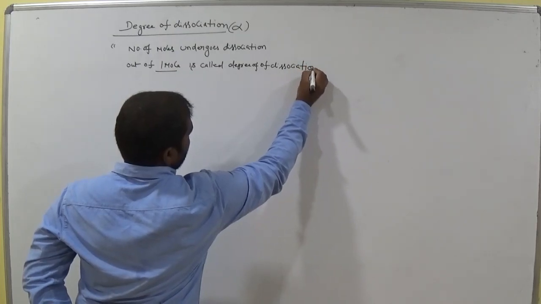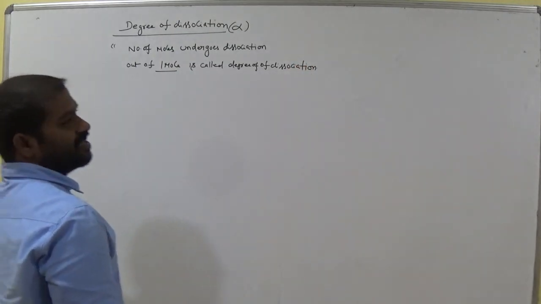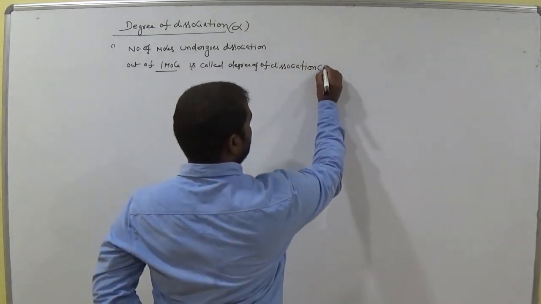Degree of dissociation is denoted with alpha.